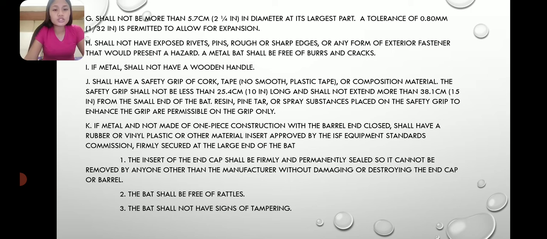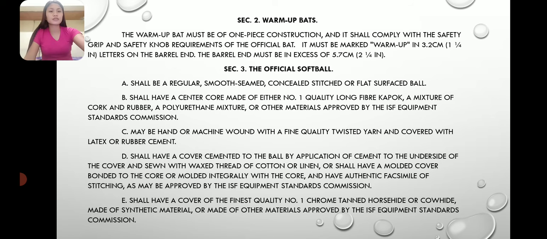2. The bat shall be free of rattles. 3. The bat shall not have signs of tampering. Section 2. Warm-up bats. The warm-up bats must be one-piece construction, and shall comply with the safety grip and safety knob requirements of the official bat.